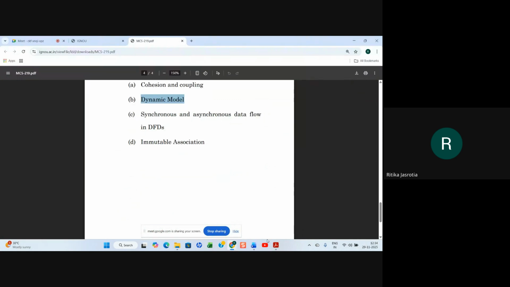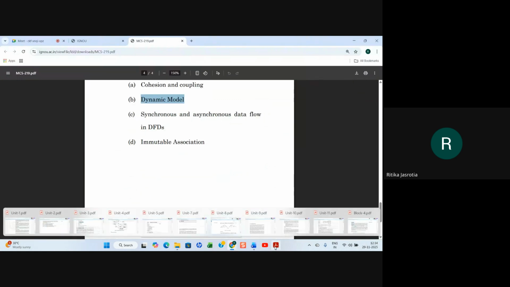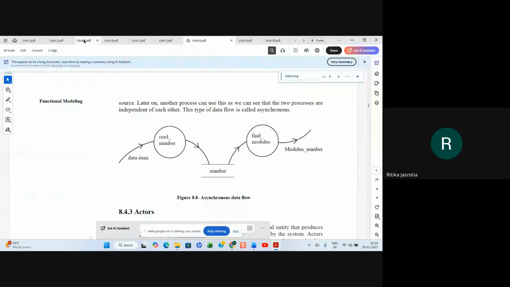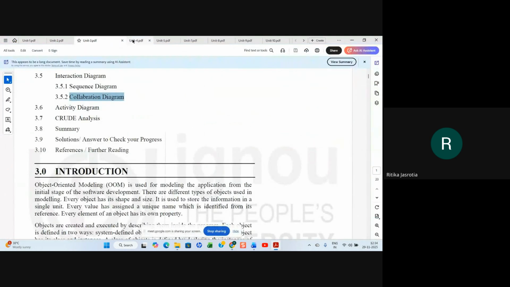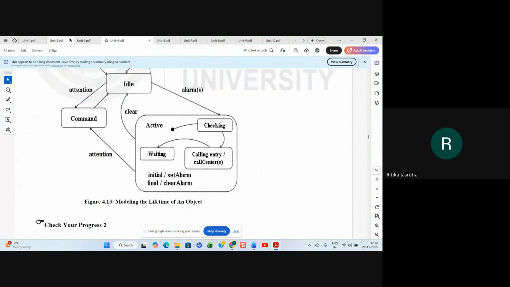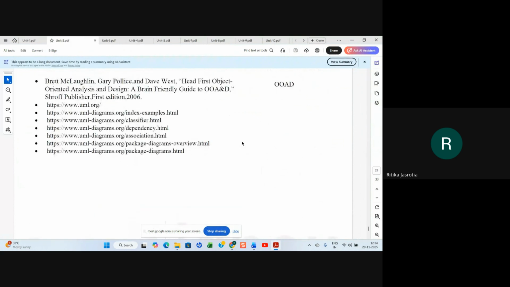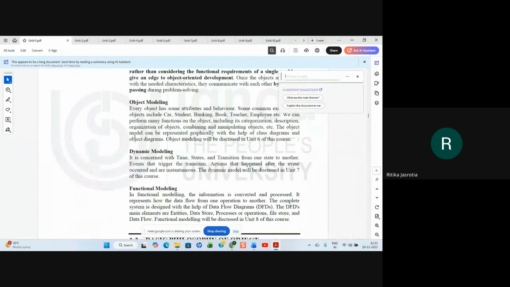Then immutable associations are also there. I don't know whether it is here. Not here.